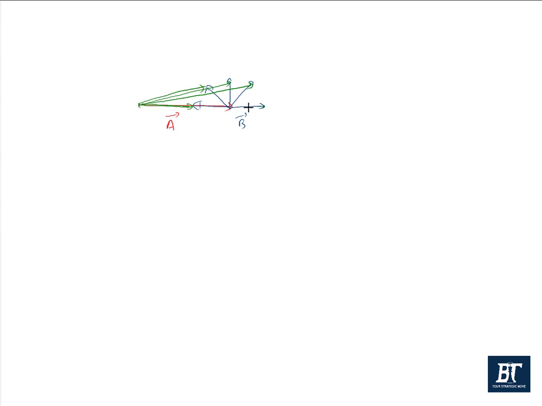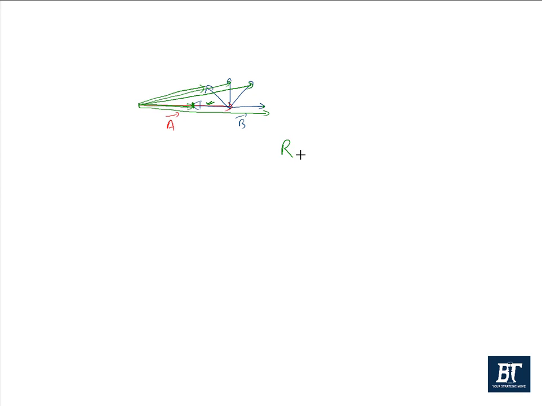And in this case, when theta is equal to 0, the length of this vector will give us the magnitude of the resultant. So we can say that when theta is equal to 180 degrees, the length of the resultant is minimum, and when theta is equal to 0 degrees, the length of the resultant is maximum.